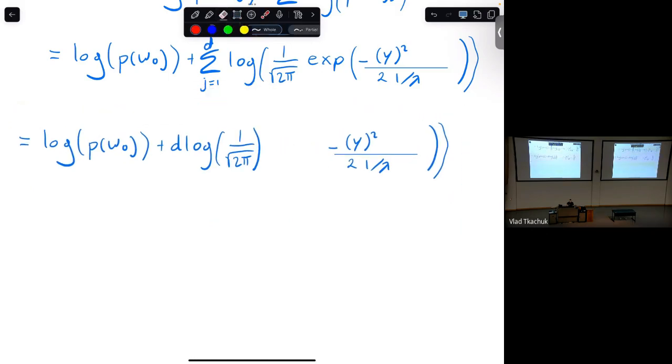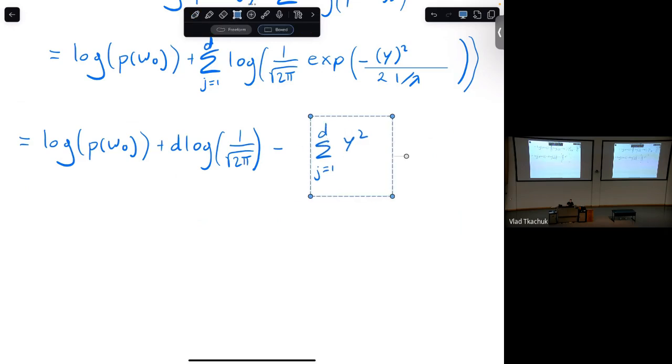You still have the negative, and the sum was still there. So we end up with negative sum, j equals 1 to D, of this expression, which is just Wj squared. And maybe I'll write there's a lambda, which was in the denominator, but it was 1 over lambda in the denominator, so you get a lambda out here, and then you get 2.